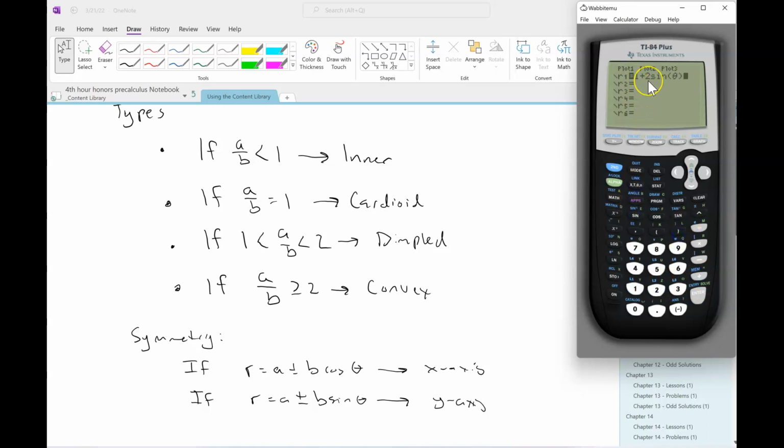There, a is 1, b is 2, so that should be 1 over 2. So if I graph that, that should give me the inner loop. See the little loop on the inside? That's what an inner loop looks like. If I change this to 2 and 2, that should be a cardioid. So there's my heart shape.